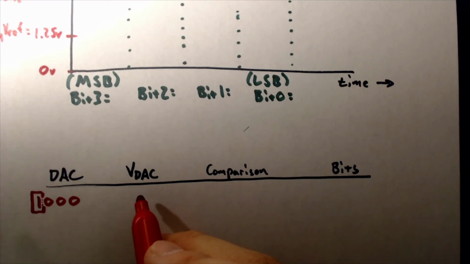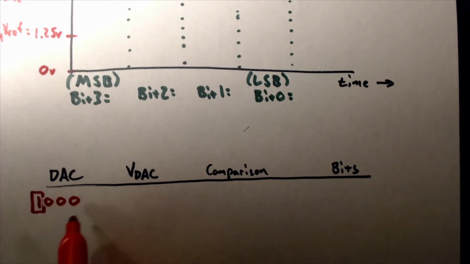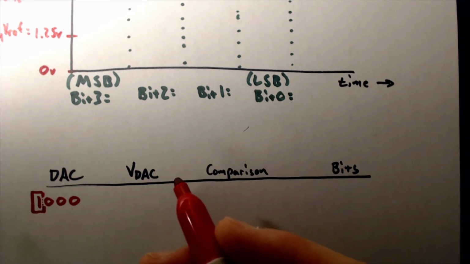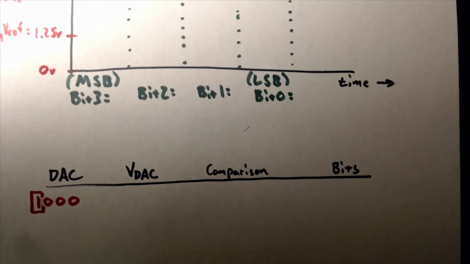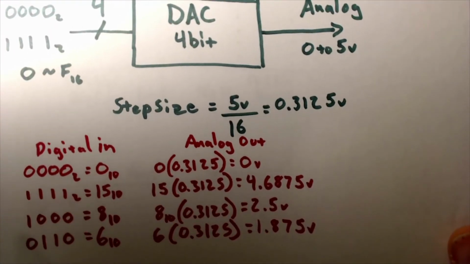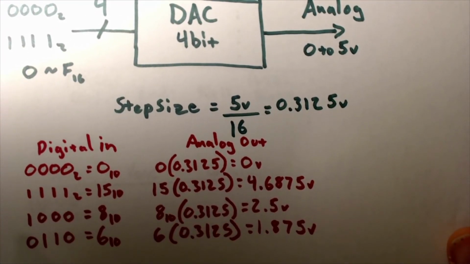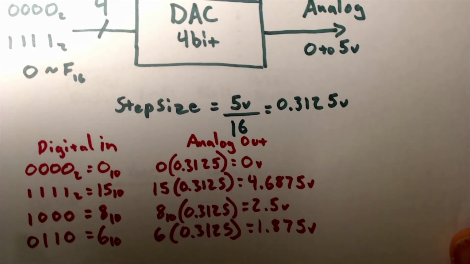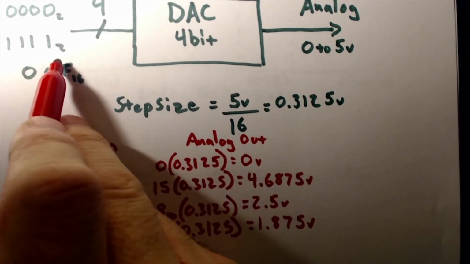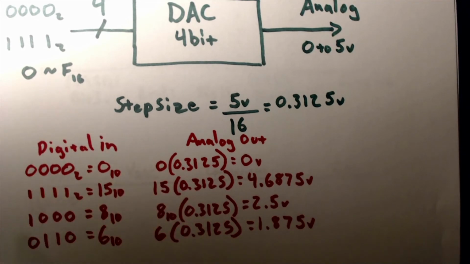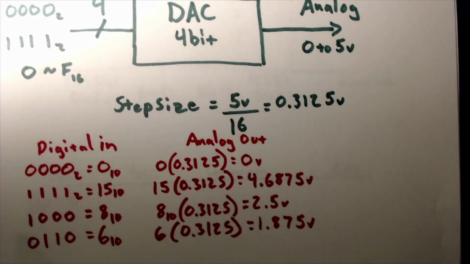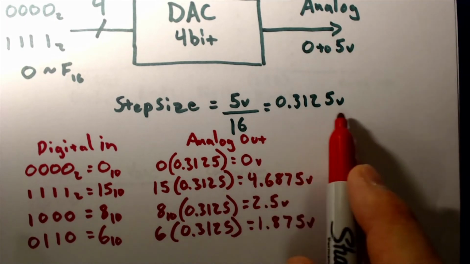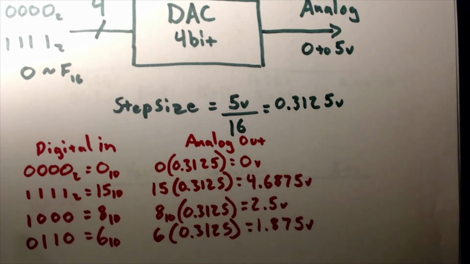Well, to do that, all we have to do is take our digital value and multiply that by the step size. As we did previously, our step size is just 5 volts divided by 16. So with 4 bits, we can represent 16 different values, or 0 to 15, and that gives us our step size of 0.3125.